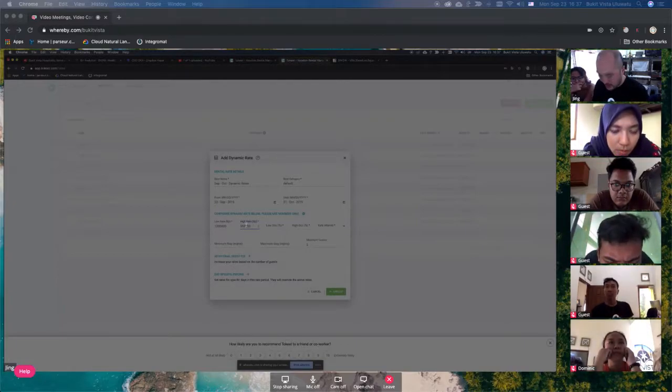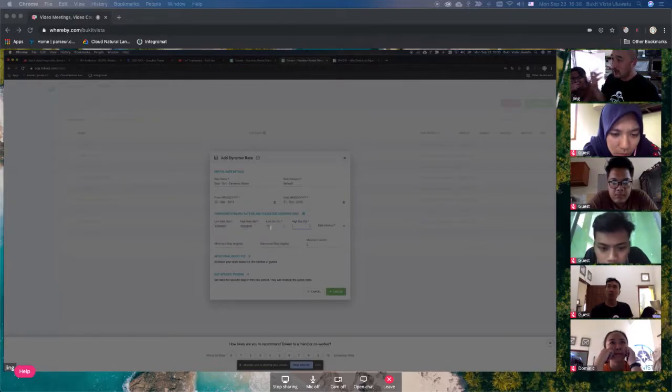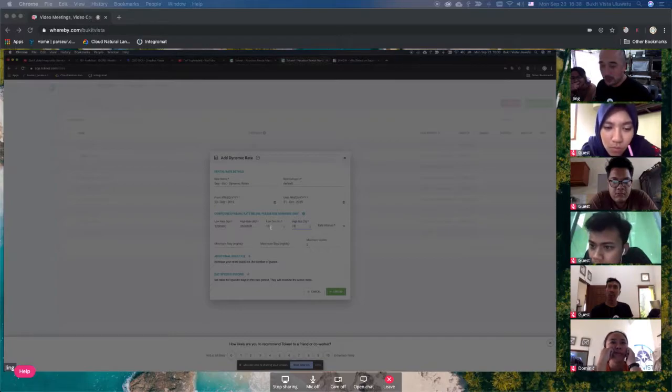Then I set a low occupancy rate that triggers the lowest pricing. Let's say if it's 10%, I want to use the low pricing. What's the high occupancy rate? Maybe 70%, then I'll trigger the high pricing.